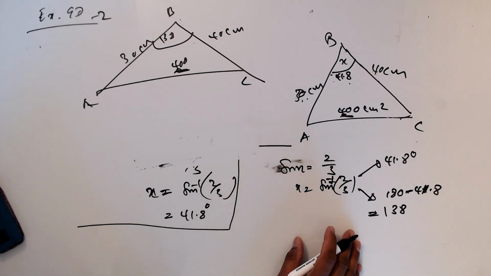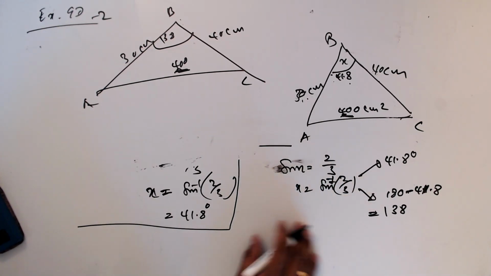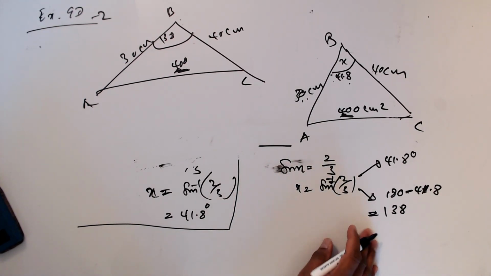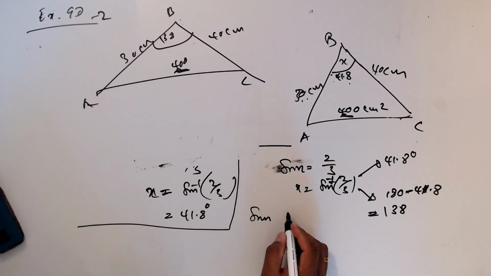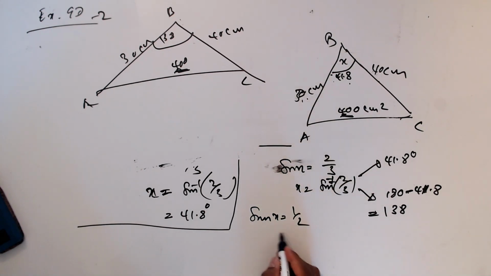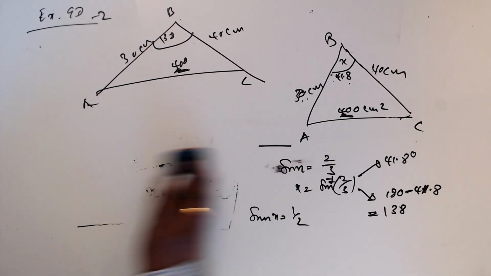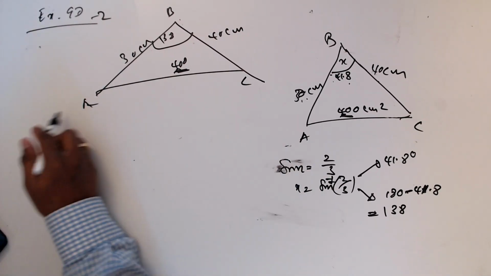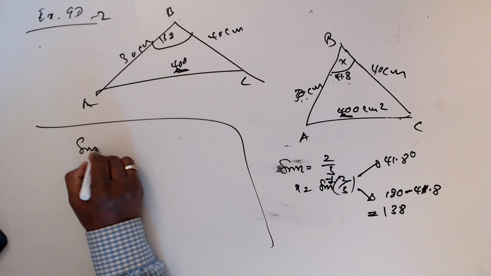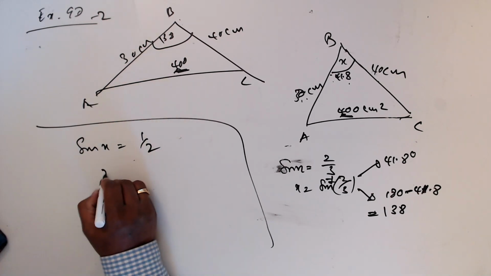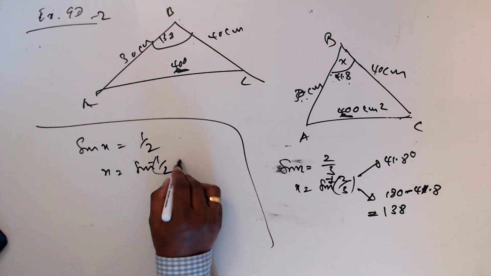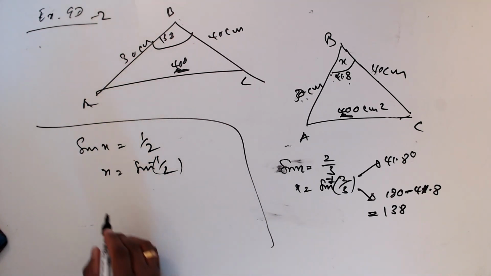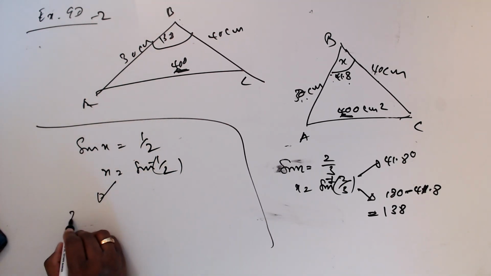For example, if you found sine x is half, then x equals sine inverse half, so you should know that one answer is 30.